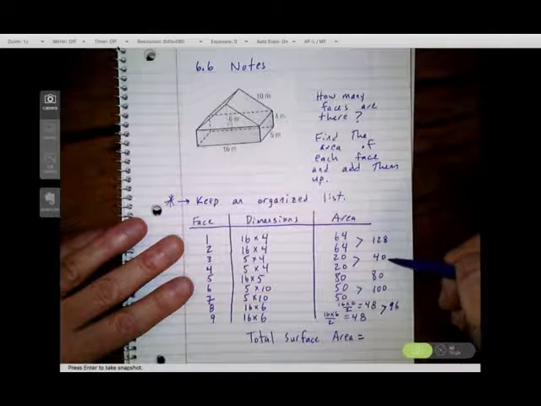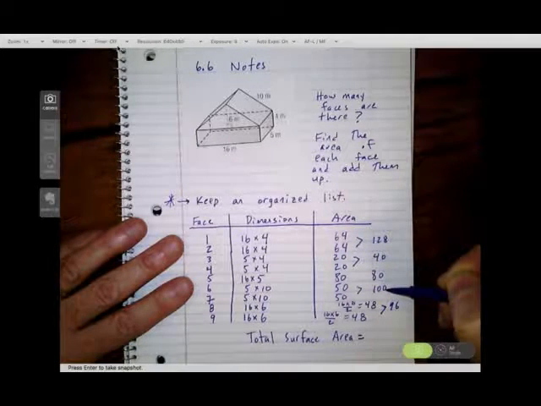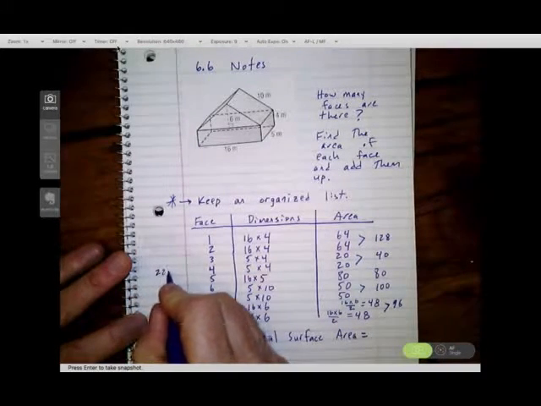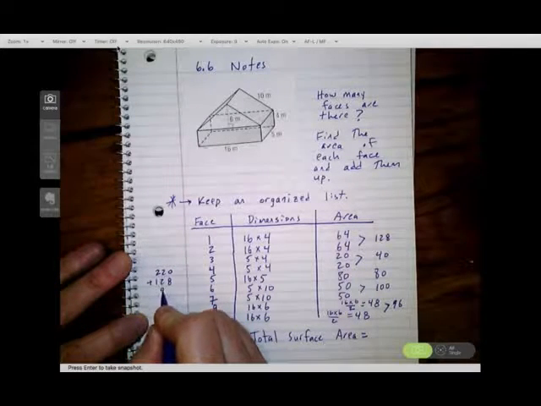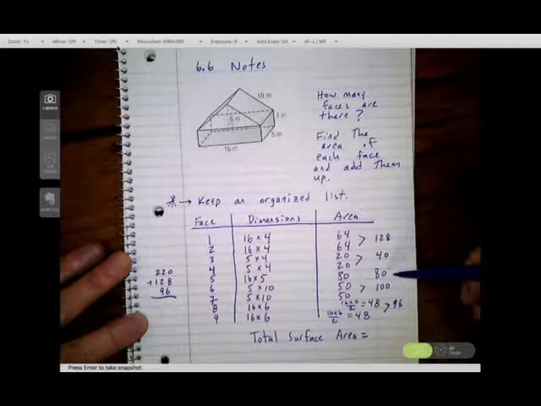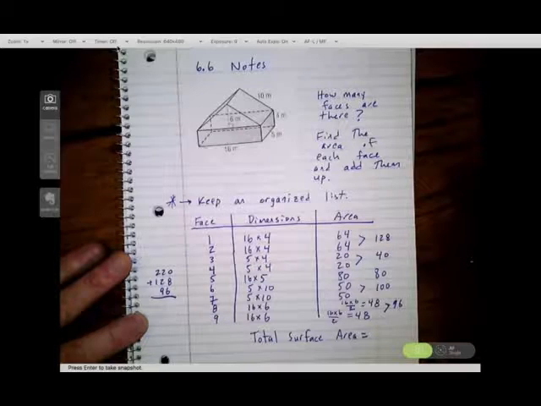So 40 plus 80 is 120 plus 100 is 220. And here's where I lose it in my head, so I'm going to work it out over here on the side. 220 plus 128 plus 96. Again, 40 plus 80 is 120 plus 100. These three make 220 when I add them up.